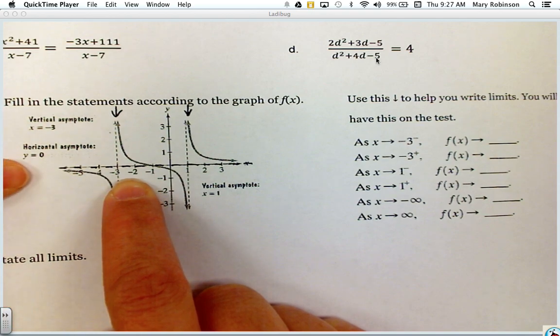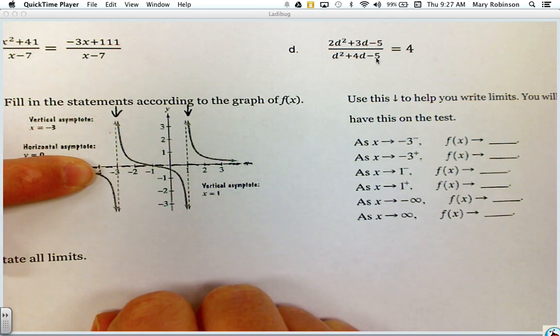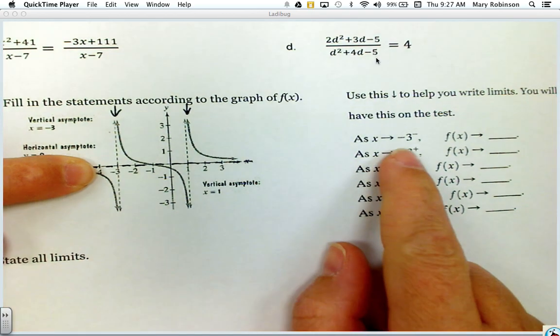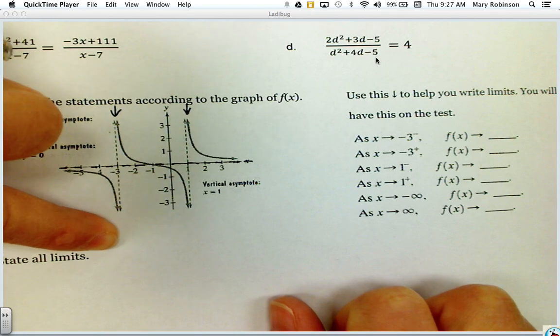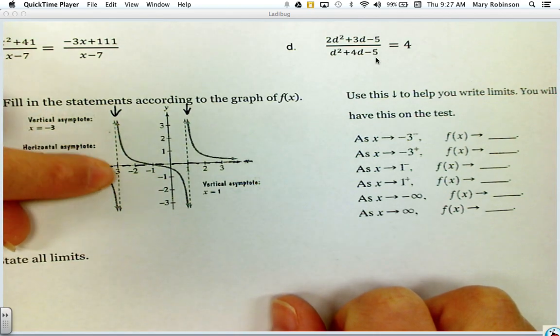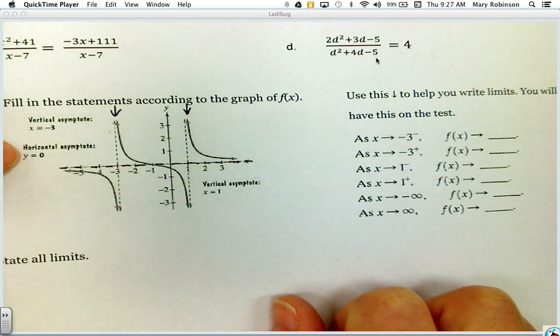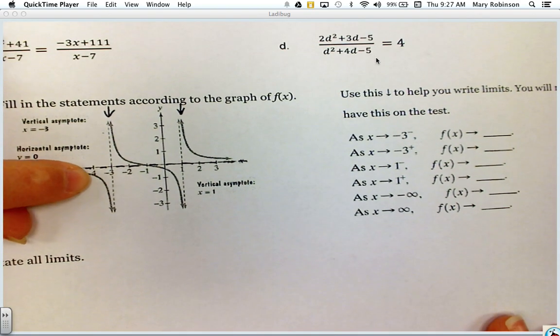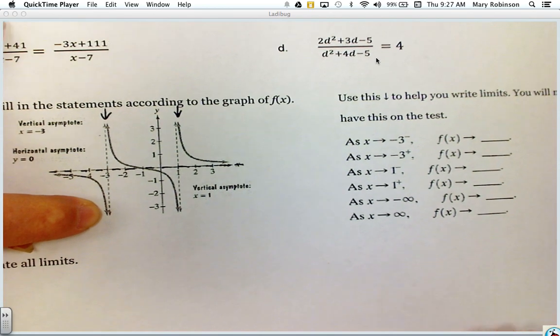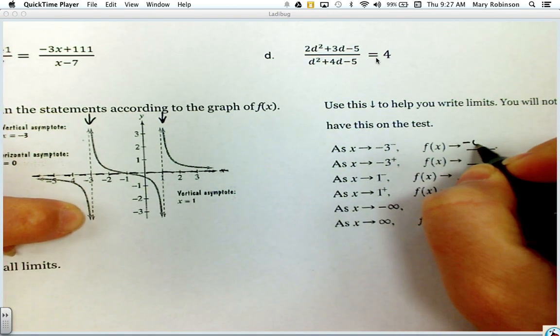What happens to our function? If you follow it down, it's going down forever as we approach -3 from the left. Well, down forever means our graph is approaching -infinity.